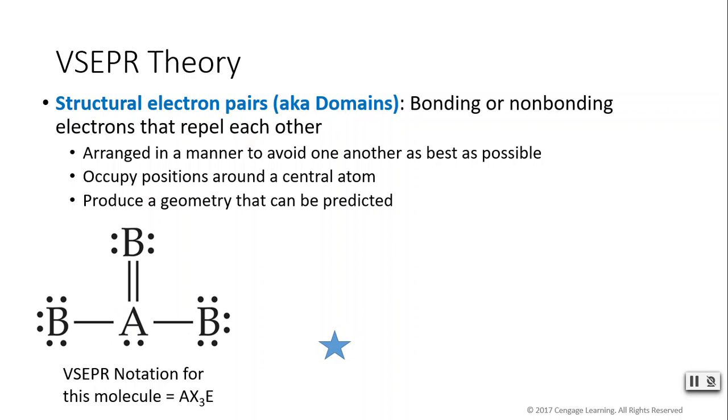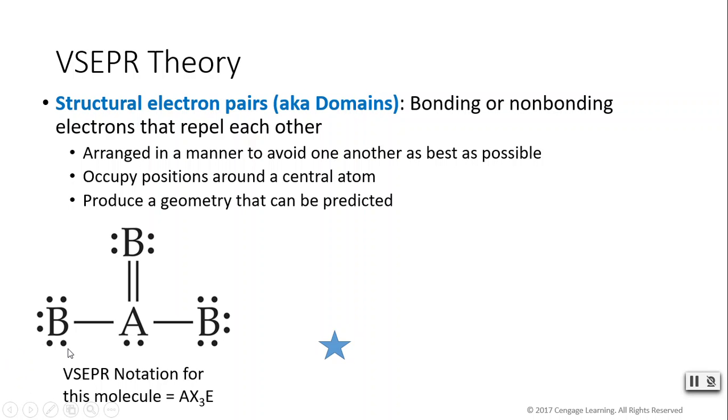The theory states that because those atoms and those lone pairs on the central atom take up space, they're in orbitals, they arrange in such a way as to minimize repulsions, so they are arranged in an energy minimum way so that they avoid each other as best as possible. And from that, a geometry is predicted.